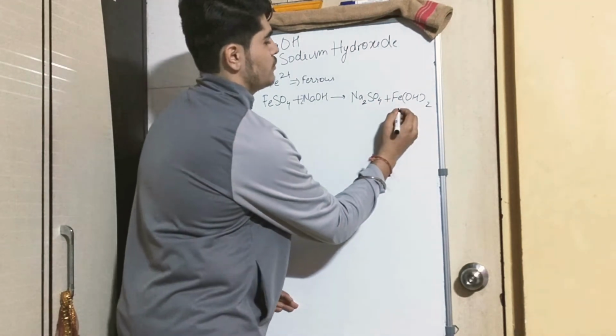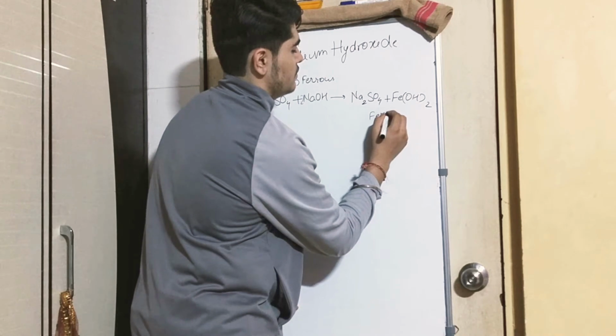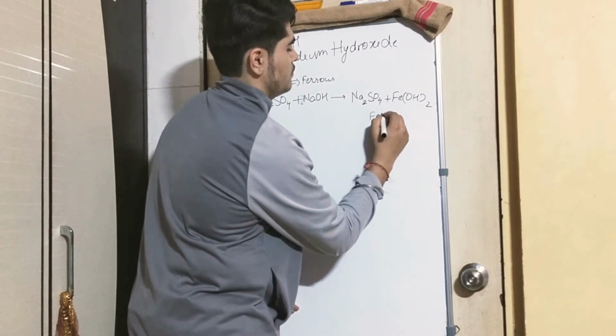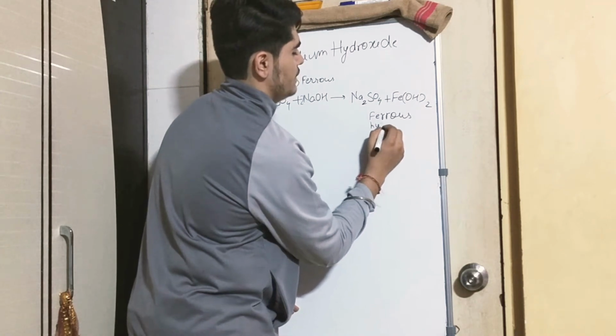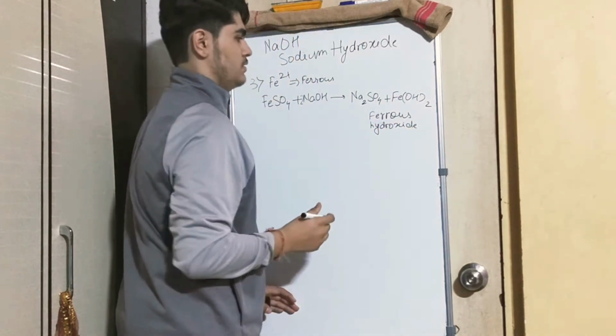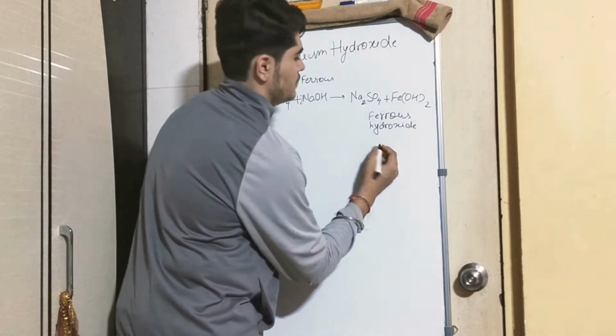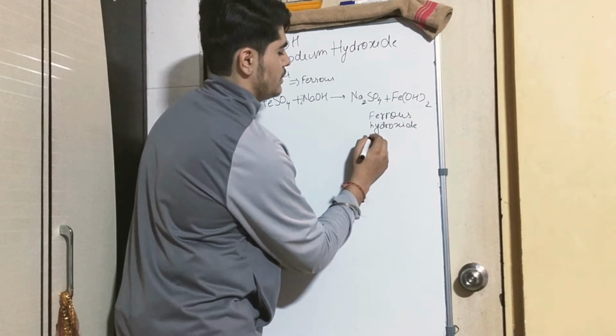So telling the name of this precipitate, ferrous hydroxide. The color of this precipitate is dirty green.